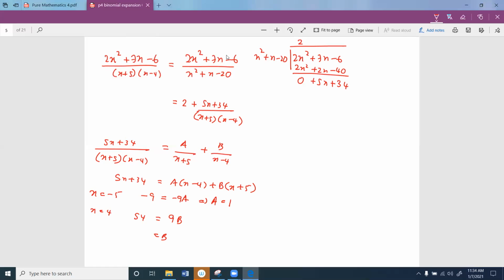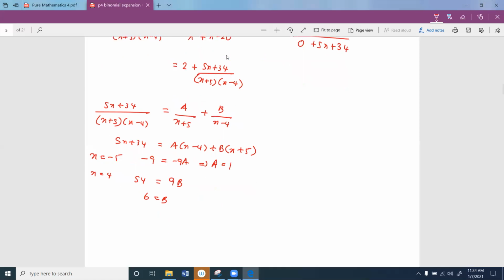Therefore, B equals 6. So you can write this answer as 1 over (x plus 5) plus 6 over (x minus 4). This is okay.